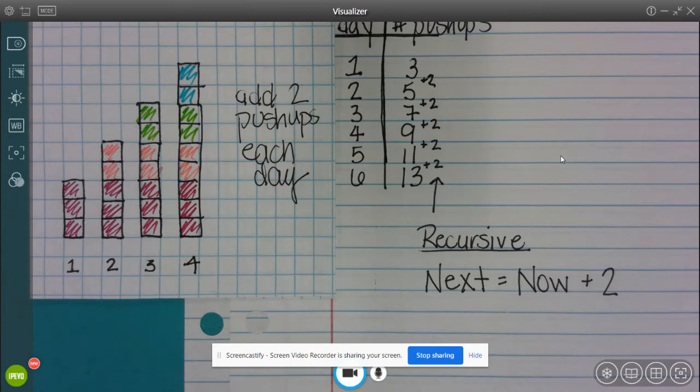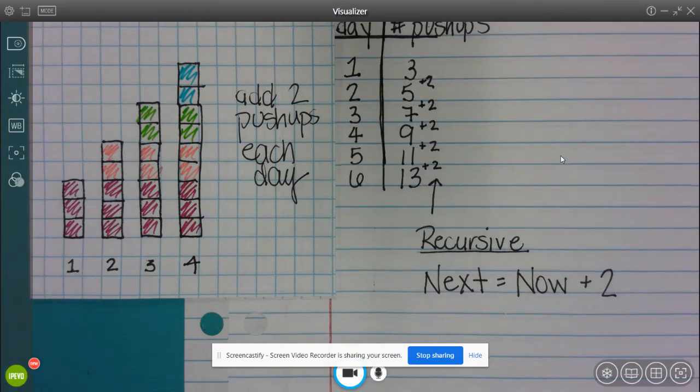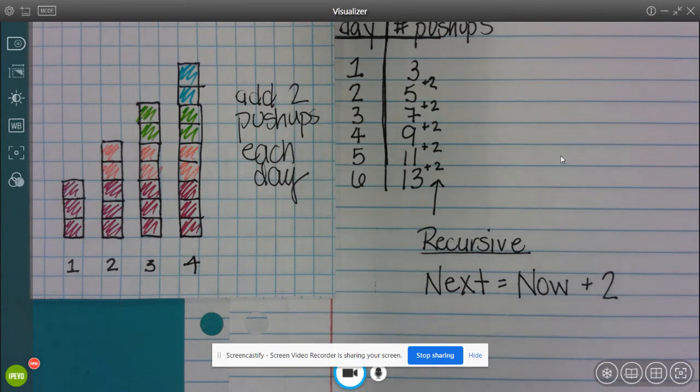So with explicit formulas, we can use any day number, substitute that into an equation, and automatically get my number of push-ups. I cannot do that with recursive because I need to know the previous output. That's the biggest difference between explicit and recursive. Recursive is outputs only, and explicit is using an input to find an output.